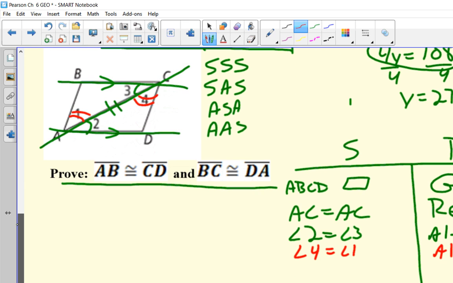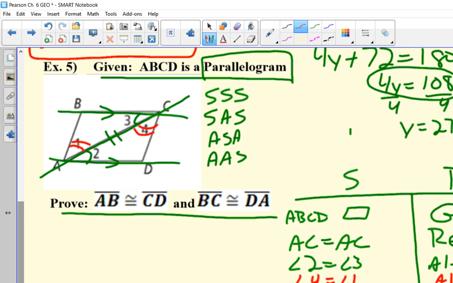Okay, so let's review a little bit what we got. Remember I said this parallelogram is cut into two different triangles, and I might need to prove it by one of these guys. And remember, these are pieces of those two triangles. So if I'm trying to prove that pieces are congruent, I could use that one rule we used, I believe, back in chapter 4. Do you have that now? And I do. I got angle, side, angle, congruent to angle, side, angle.